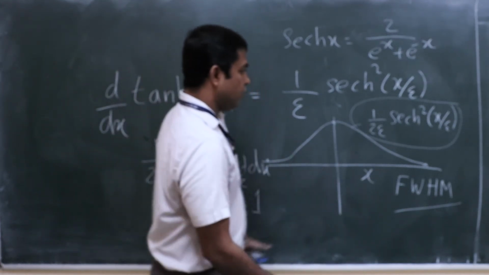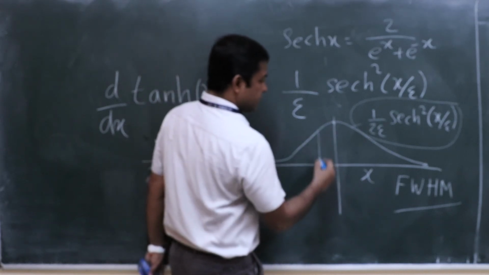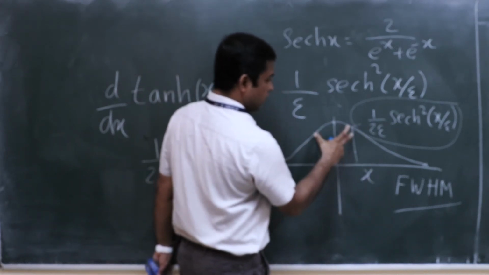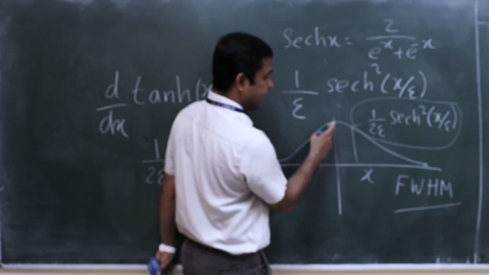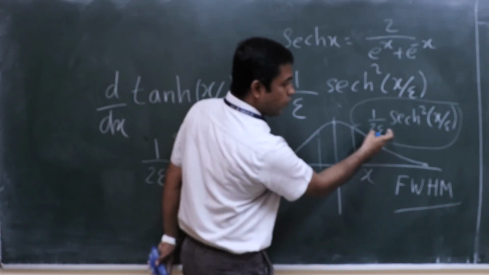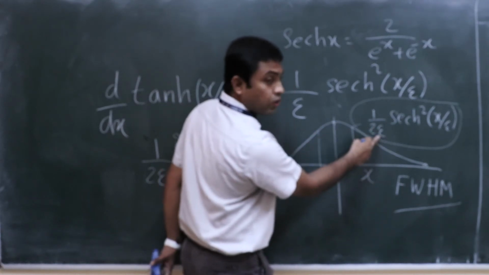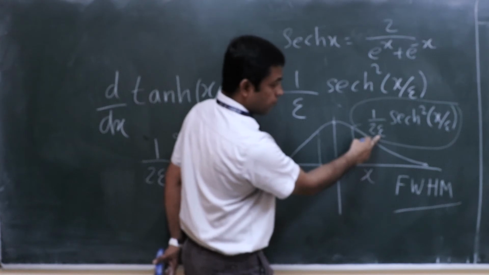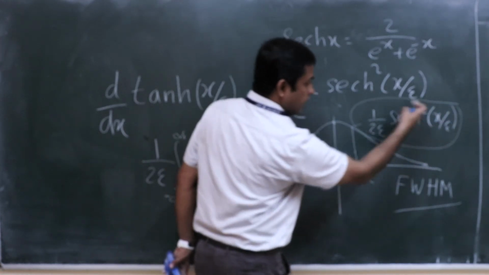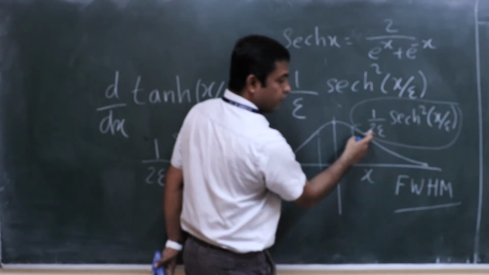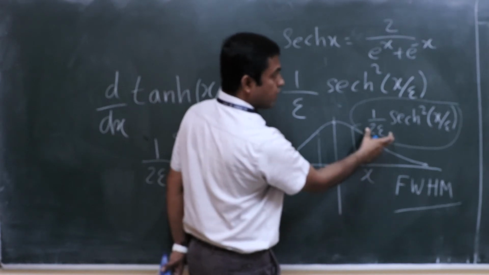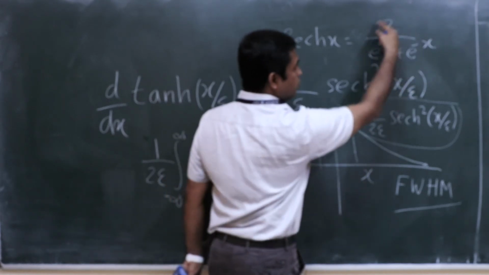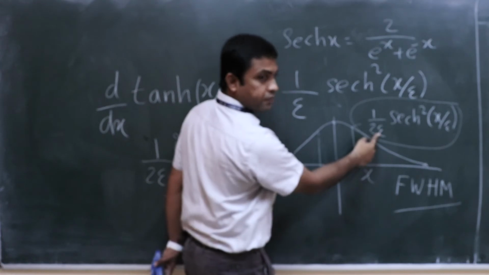So now you can see that this width keeps on decreasing when I decrease epsilon, and the height of this function, when epsilon tends to 0, will go to infinity, right? So sec hyperbolic square x by epsilon divided by 2 epsilon: this gives a constant value, but 1 by 2 epsilon is there.